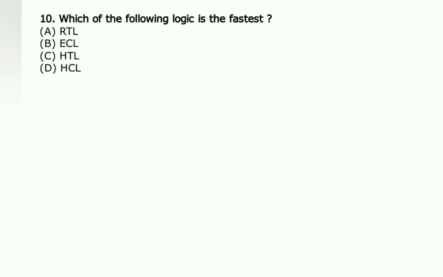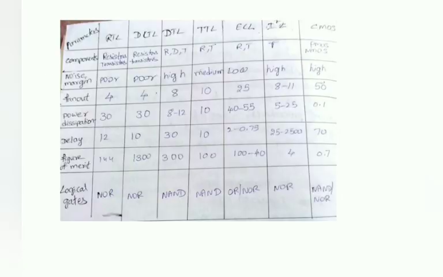Which of the following logic is the fastest logic? ECL, emitter coupled logic, is the fastest logic family among all, and this is due to avoidance of a saturation region for application. So the answer is option B. This is the table for the different logic gates: RTL, DCTL, DTL, TTL, ECL, I2L and CMOS.